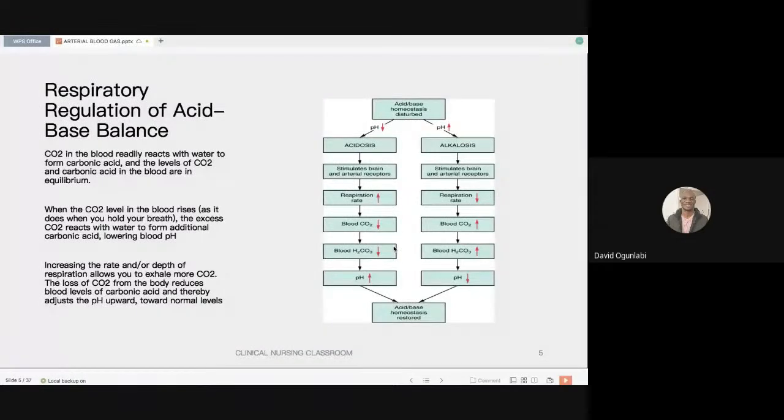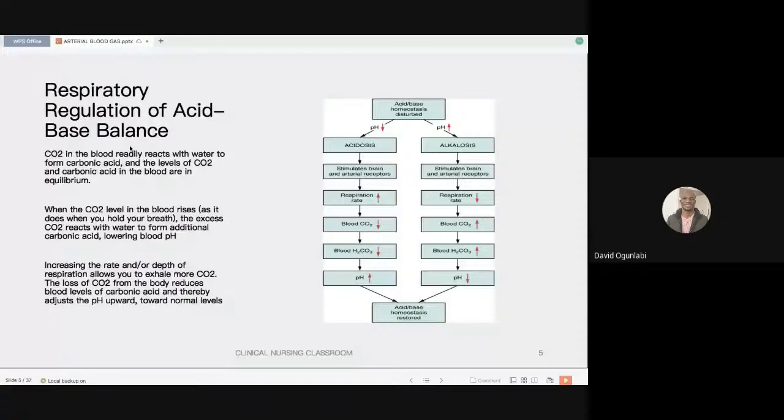When we take in CO2, carbon dioxide continually reacts with water. Now look at this equation. We'll be using this equation often, and it's the major equation that helps our understanding of the ABG.